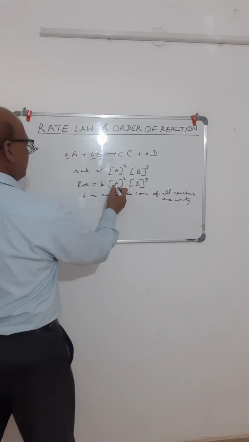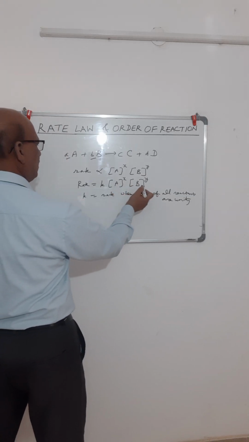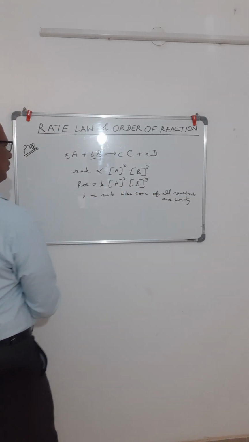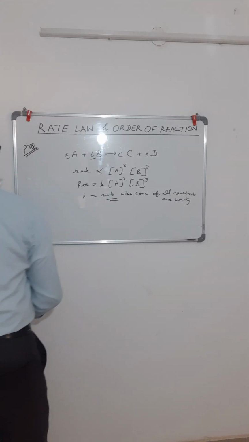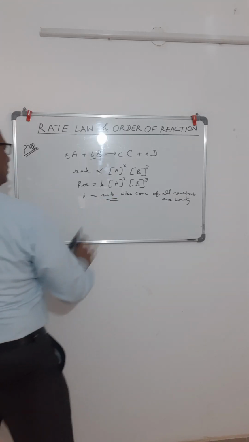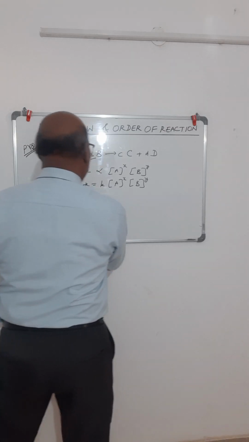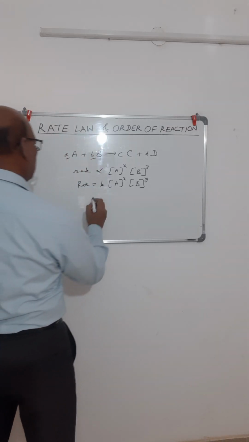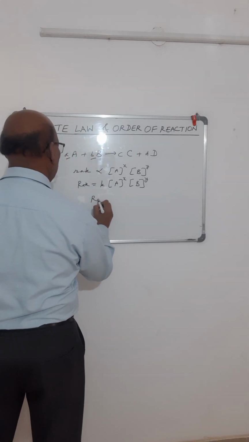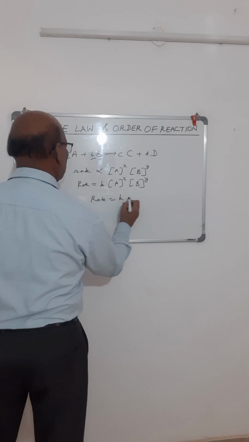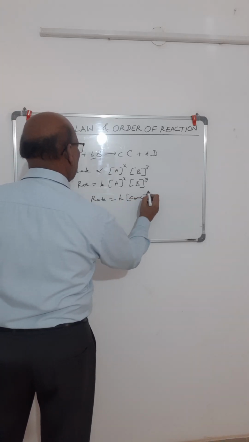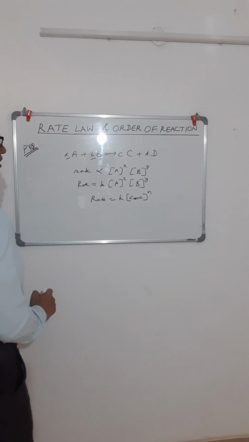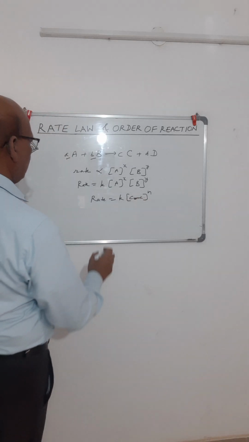So if concentration of A is 1, concentration of B is 1, then k will be equal to rate. So that is the definition of rate constant. Now suppose I write this equation as rate equal to k into say concentration to the power n. Then n is called the overall order of the reaction.